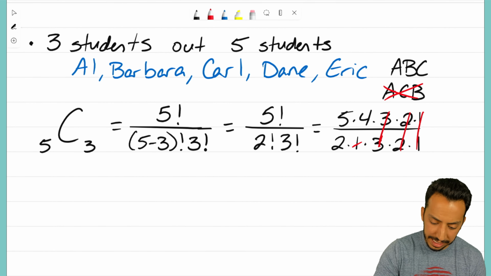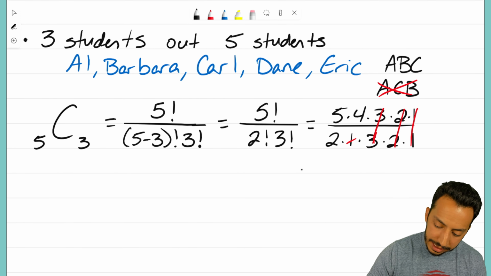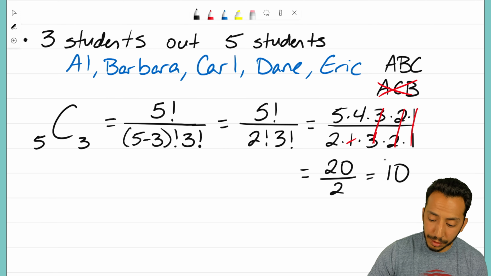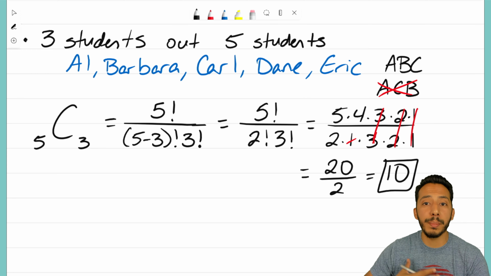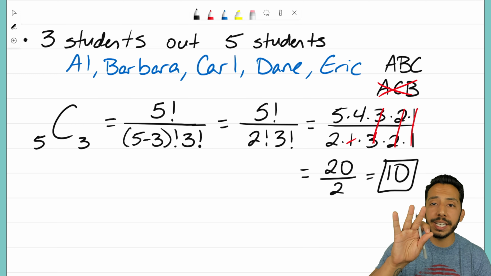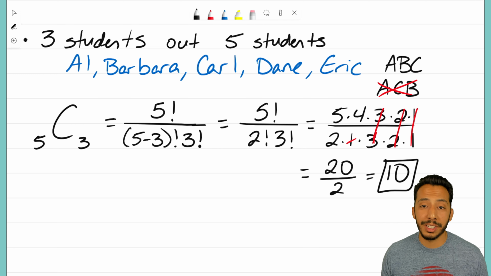And I have just 5 times 4 on top. Well, 5 times 4 is the same as 20 over 2, and 20 divided by 2 means that there's only 10 different combinations, 10 different ways that I can pick 3 students out of those 5. The order doesn't matter. So it's removing all of those duplicates.